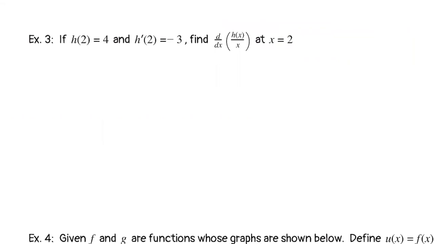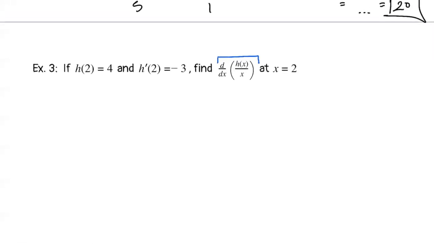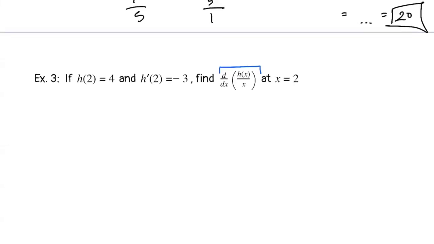Before we begin, based on this, can you tell me what rule or rules we should be using to find that derivative? I'm going to guess it's quotient rule.